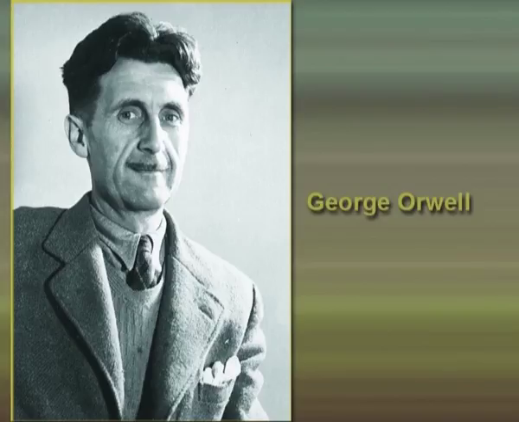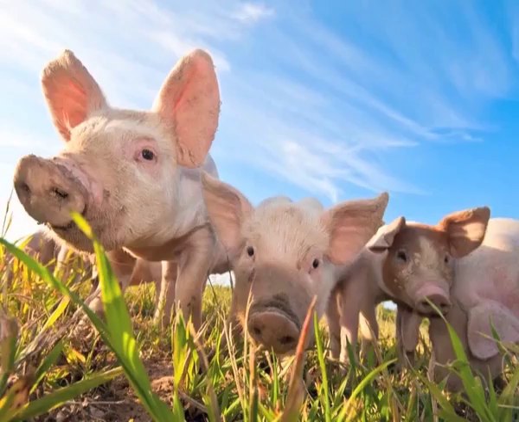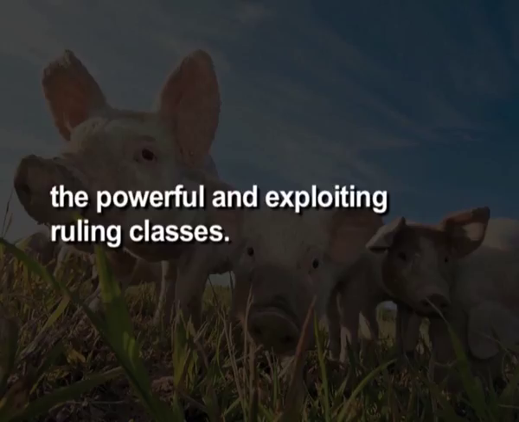Orwell's satire shows how even societies preaching equality are actually hierarchical. There will be workers and slaves and some privileged classes who will exploit them. The pigs in Orwell's novel represent the powerful and exploiting ruling classes.